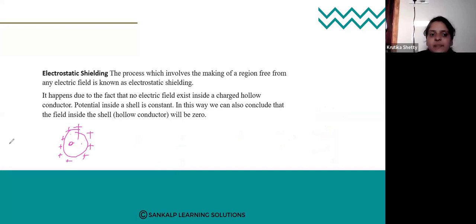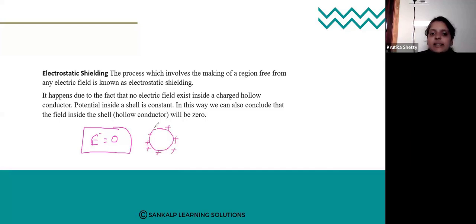So remember, we can always say that the electric field inside a body will be zero. Why will it be zero? Because the charges will reside only on the surface, not inside the body. So when the charges are not there inside the body, electric field inside the body will be what? Zero.